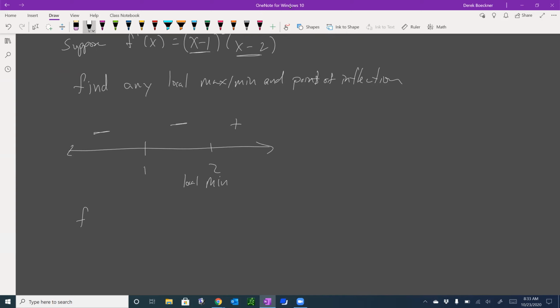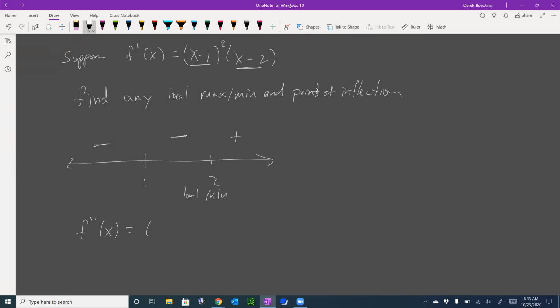Yep. So to take the second derivative, we use the product rule. So it's going to be x minus 1 squared times 1 plus x minus 2 times 2 times x minus 1 times 1.